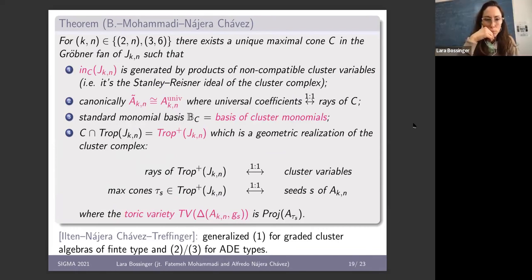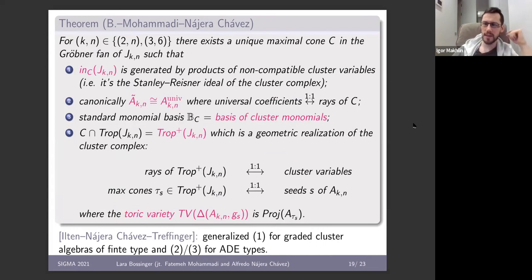But do I understand correctly that if you consider this initial ideal, for instance, the monomial initial ideal, I think it will be just an initial ideal of the Plucker ideal plus the additional variables. Is this true?